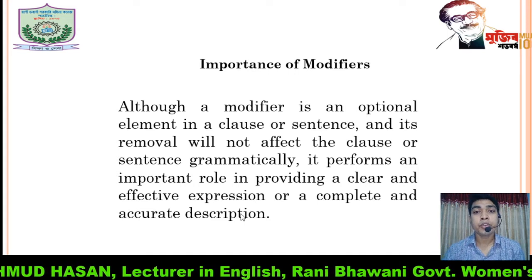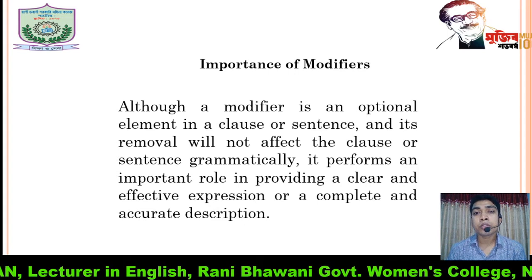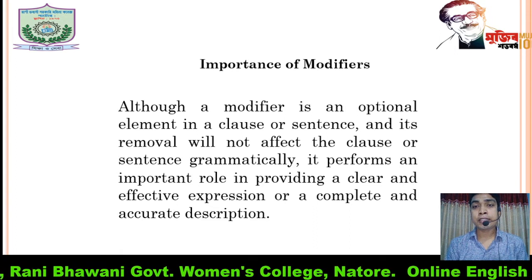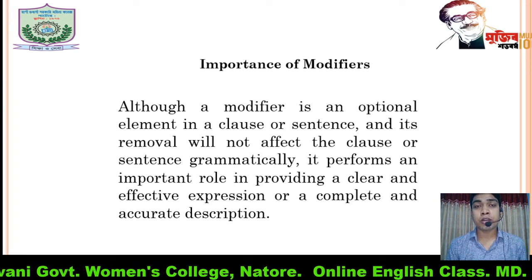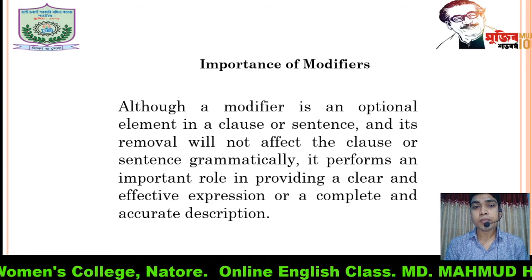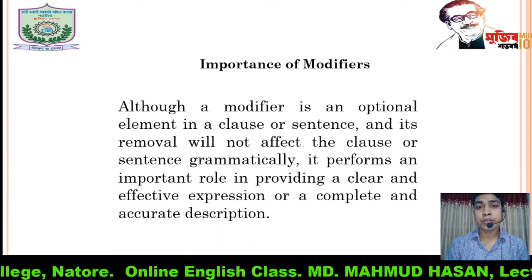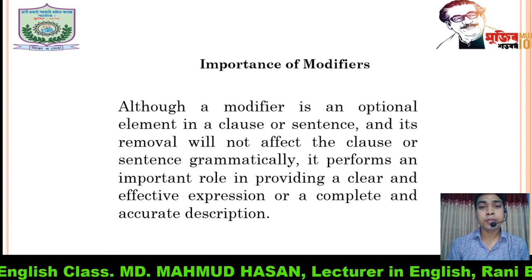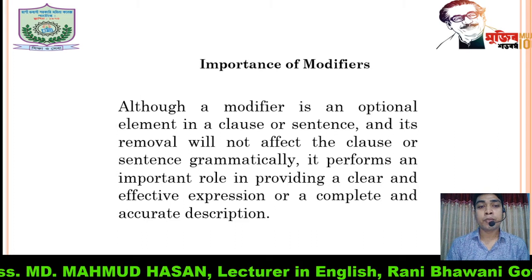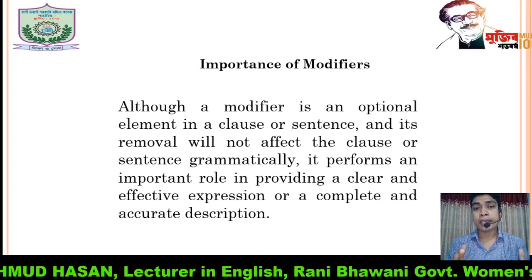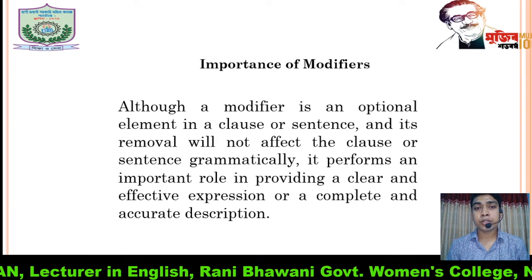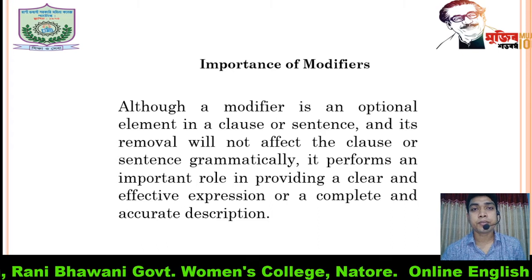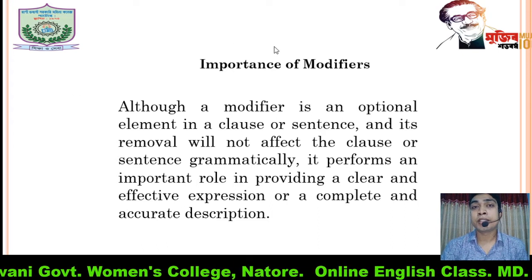So modifier is not the essential element of a sentence. It is an optional, additional element. And what does a modifier do? It makes our sentence effective, it makes our sentence complete, and it makes our sentence accurate in description. It's not the part and parcel of a sentence. It always adds some more information.